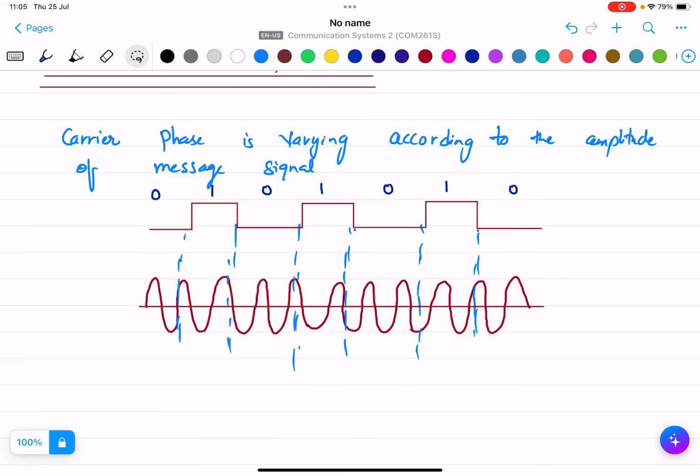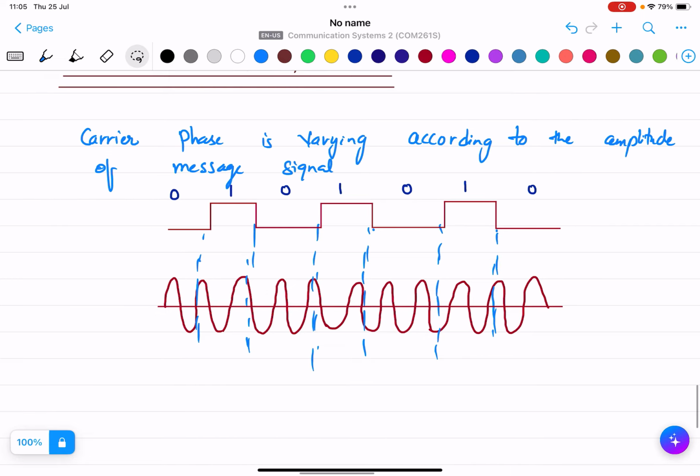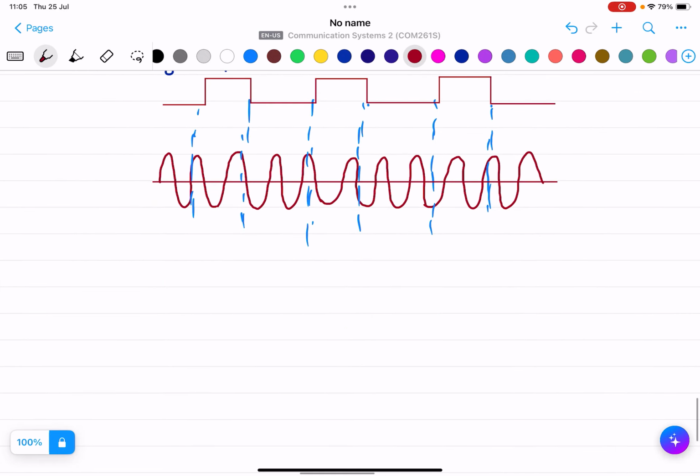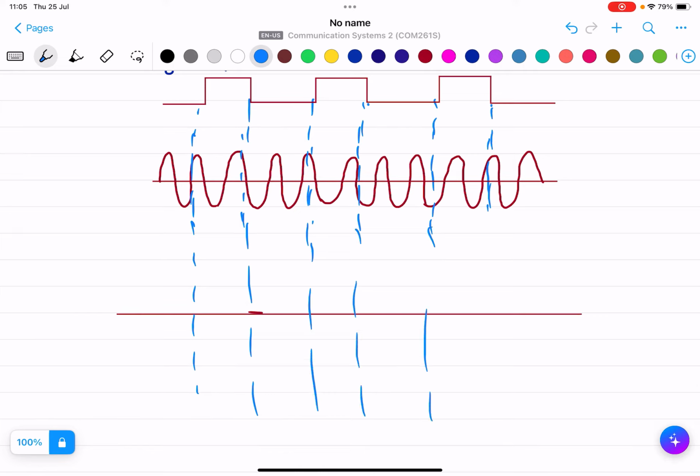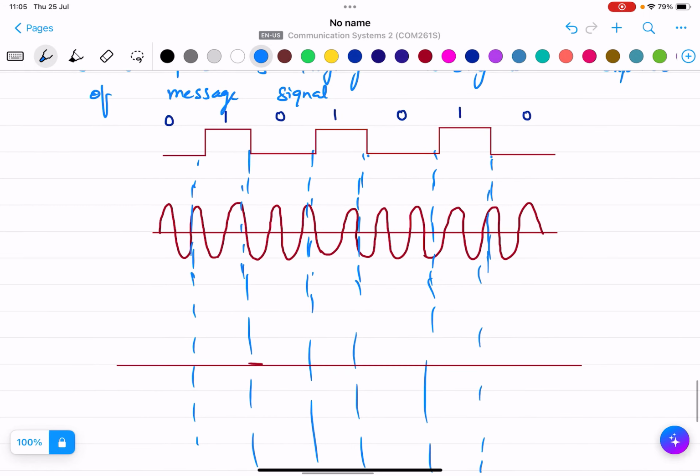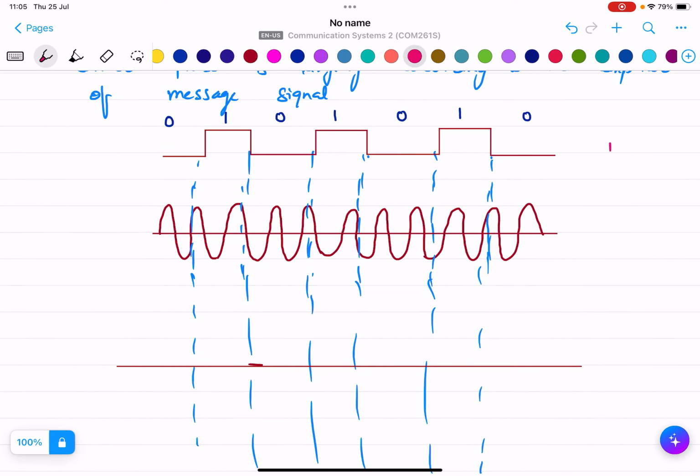Now we need to make the final waveform. How do we do the final waveform? Let us make a line here and extend this line. So for PSK, I can mark them here M(t), and I can mark them here C(t), and this is my final PSK.